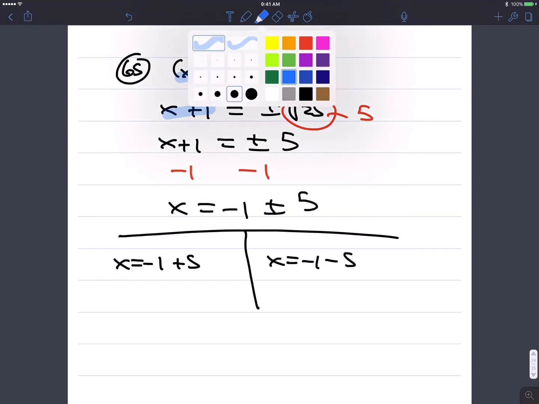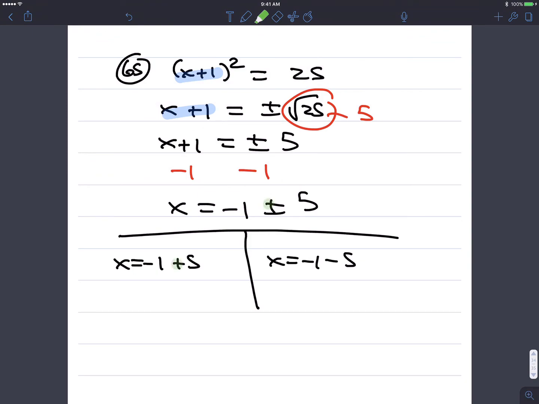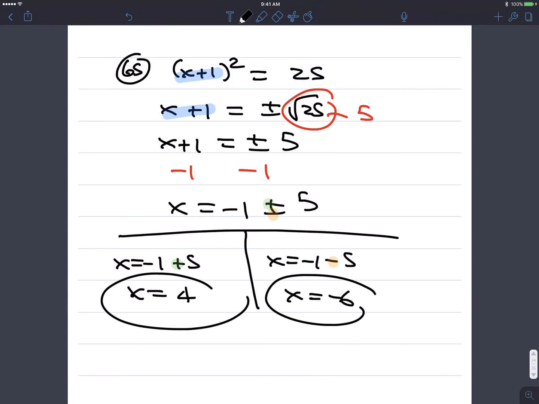In one case, we add, and in the other case, we subtract. Positive 4, negative 6. And we're done.